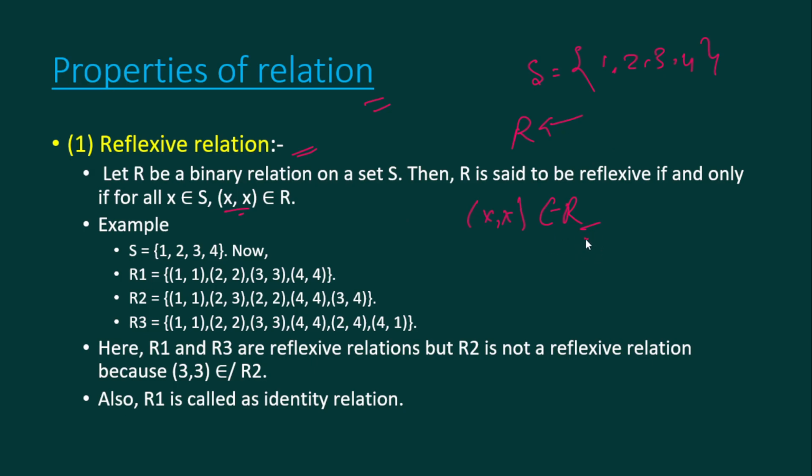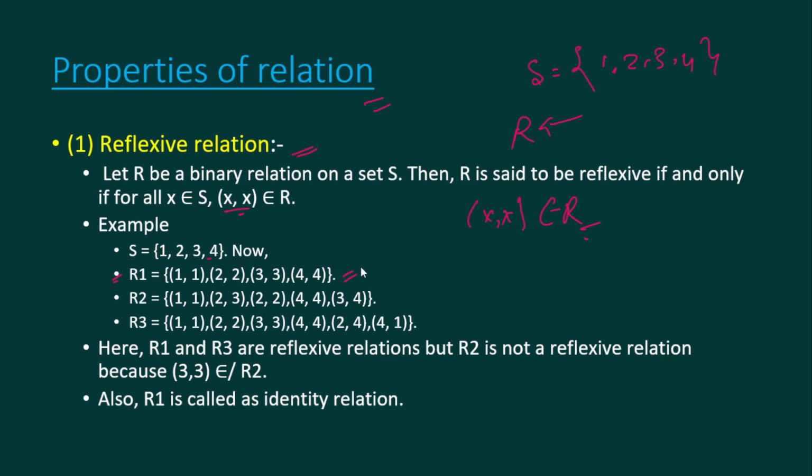So for the reflexive relation on this set {1, 2, 3, 4}, we can see that R1 is the relation (1, 1), (2, 2), (3, 3) and (4, 4). Every element has a relation with itself. If the element is 1, x is 1, so (1, 1) is here, (2, 2) is here, so all the elements are here.